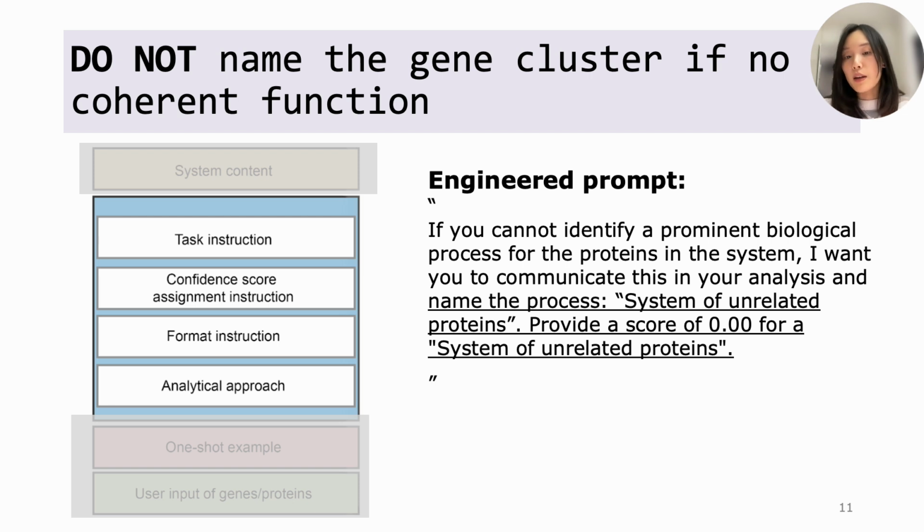So here we specifically specified in the prompt that we wanted it to name the process a system of unrelated proteins and give a 0 score if it finds that those genes do not work coherently, or if the name cannot describe the functions of the gene set.